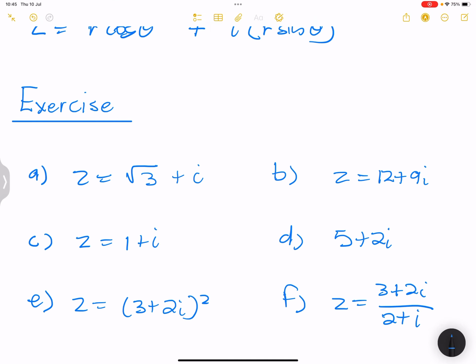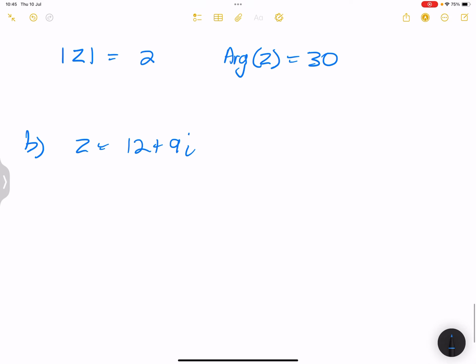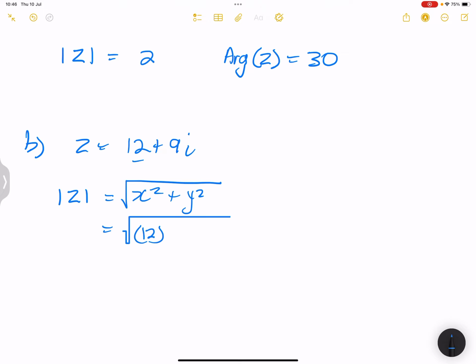So b, we've got 12 plus 9i. Of course, you know what to do, right? Z is equal to 12 plus 9i. You know how to calculate the modulus: the square root of x squared plus y squared. Our x value is 12, so that's 12 squared, plus our y value is 9 squared, so that's 144 plus 81.